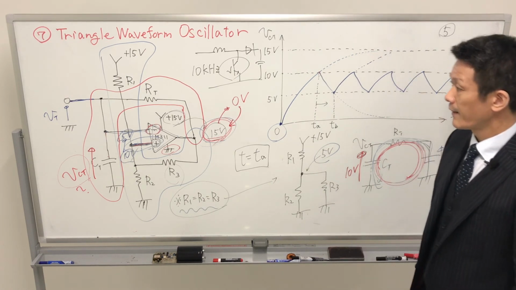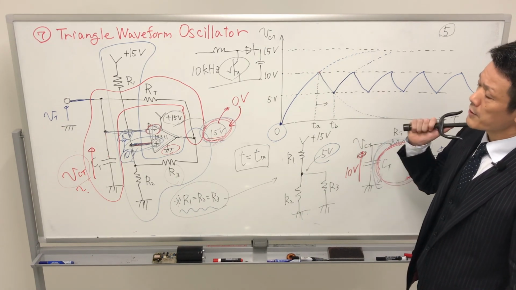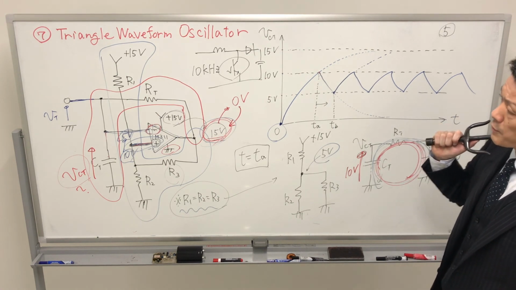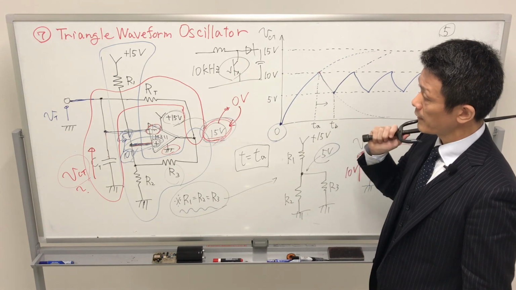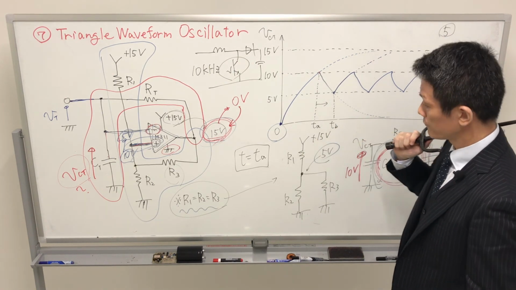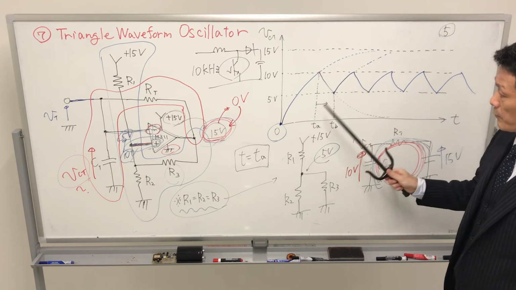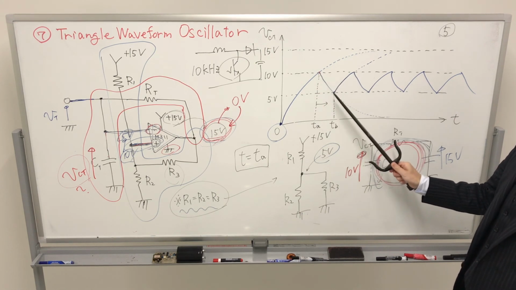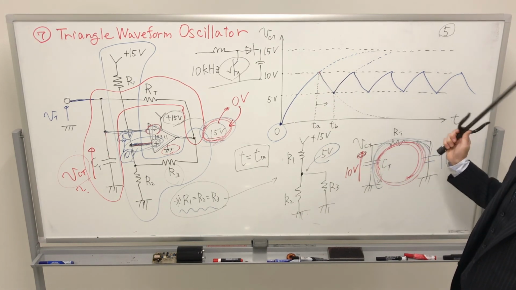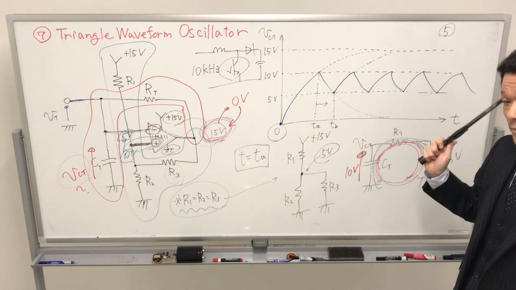Okay? And in the next lecture, I will explain how to design this 10 kilohertz. Of course, it is very easy because of the transient phenomena. You can already analyze it in the fifth lecture. So please use this knowledge.